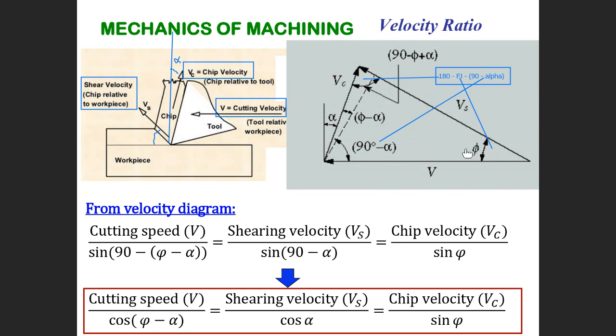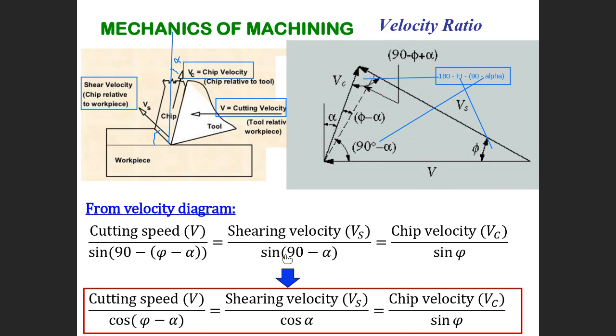Did you get it? Every velocity divided by the sine of the corresponding angle. V divided by sine 90 minus phi plus alpha equals V divided by cosine of phi minus alpha.